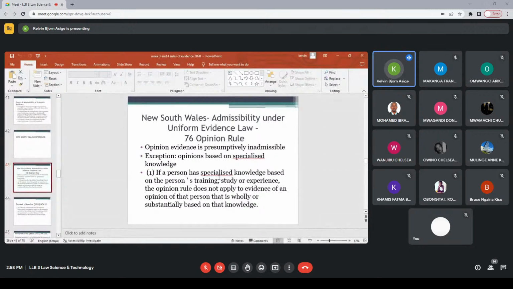So the general rule is that opinion evidence is inadmissible, except where that opinion is based on specialized knowledge.